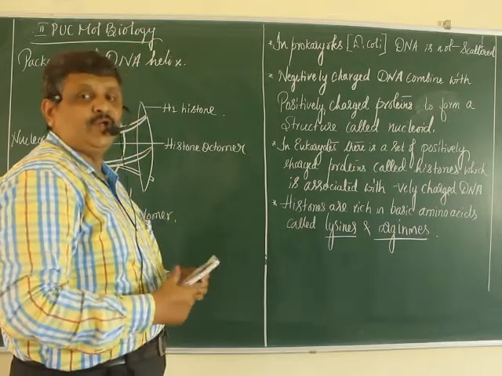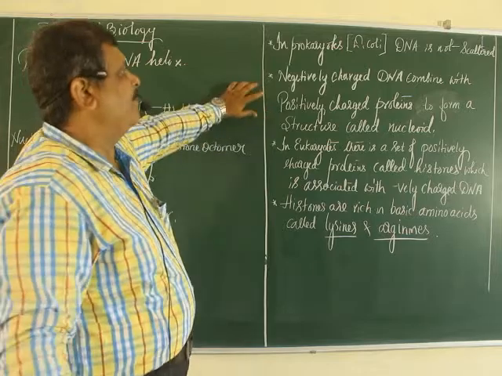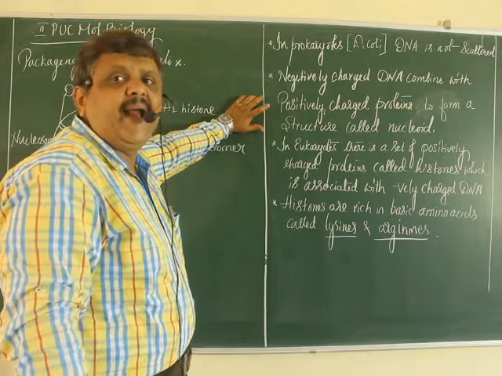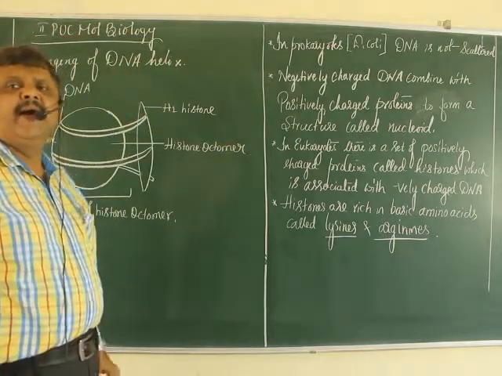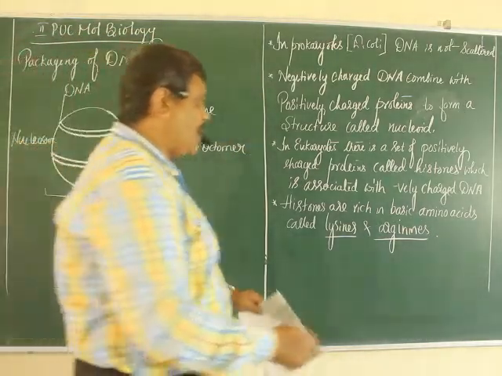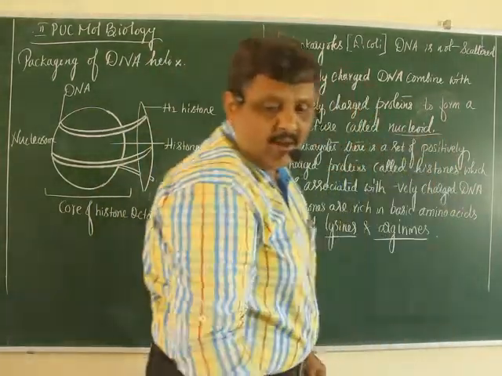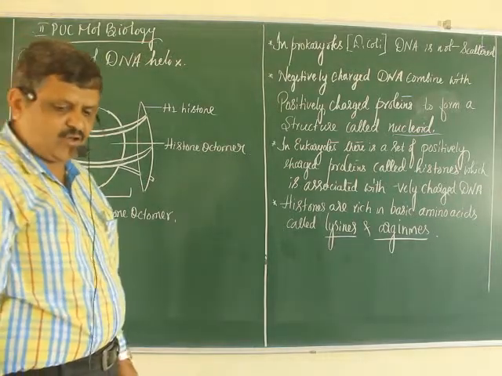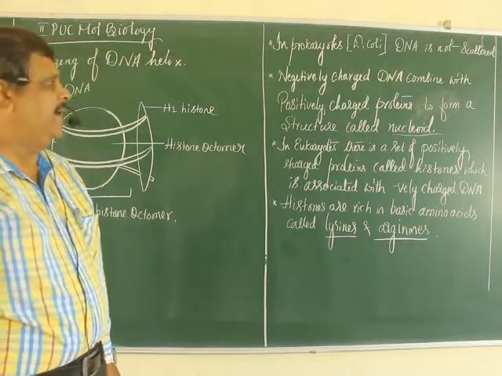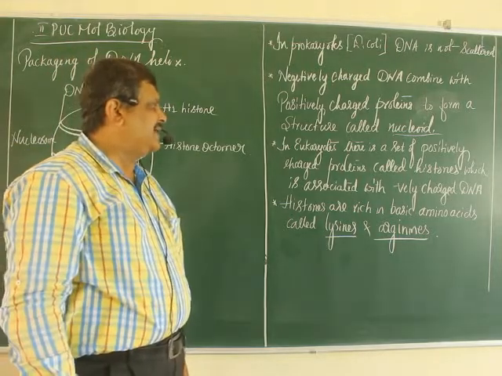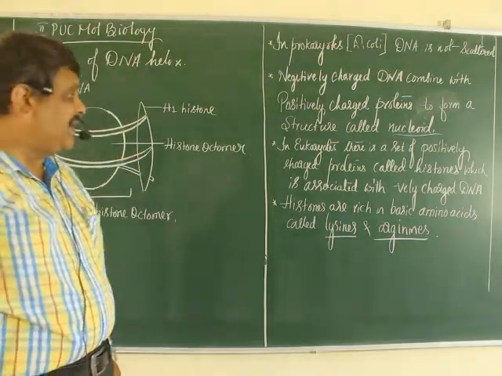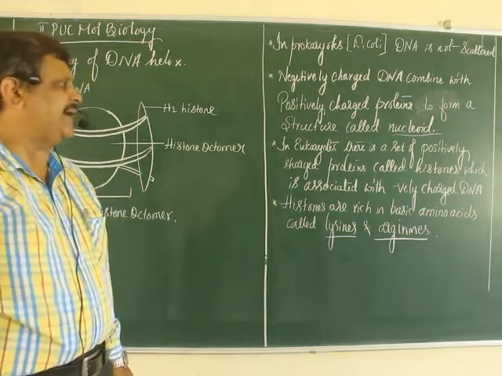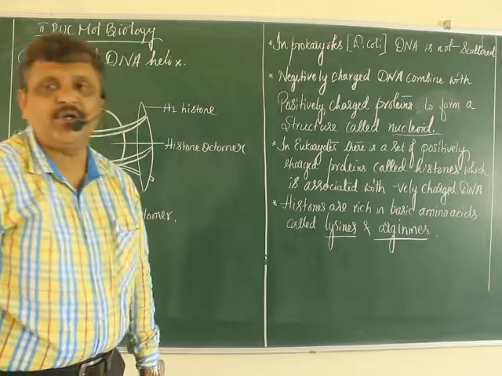So here we should remember, in prokaryotes, DNA combines with positively charged proteins, and the DNA along with the positively charged protein forms a structure called the nucleoid. On the other hand, in eukaryotes, there is a set of positively charged proteins called histones, which are associated with negatively charged DNA.